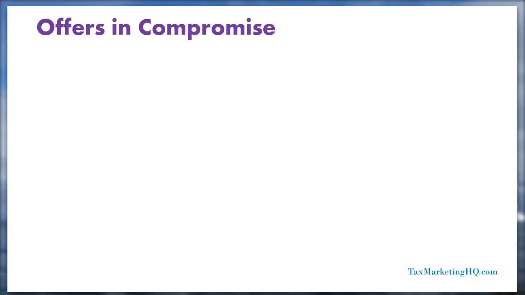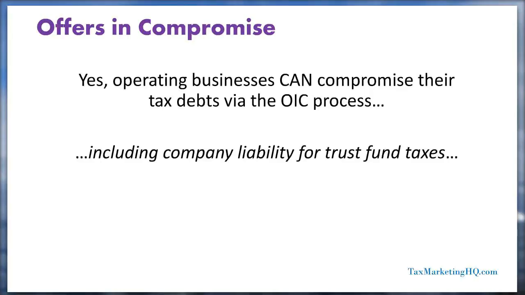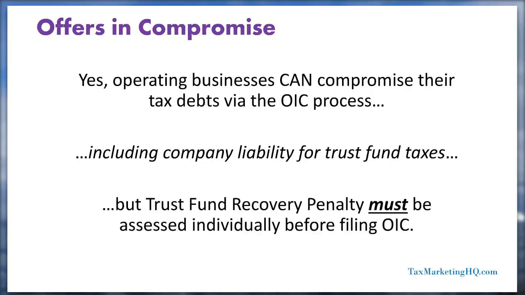941 cases. But operating businesses can compromise their tax debts via the OIC process, including company liability for the trust fund taxes, okay? However, the trust fund recovery penalty has to be assessed before filing the offer in compromise.